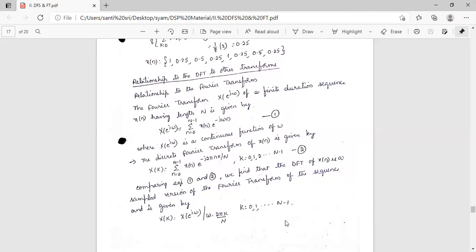So only thing is, by comparing these two at omega equal to 2 pi k by n, this Fourier transform is equal to our DFT.